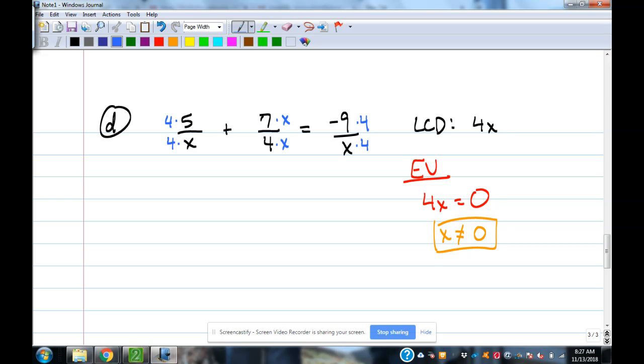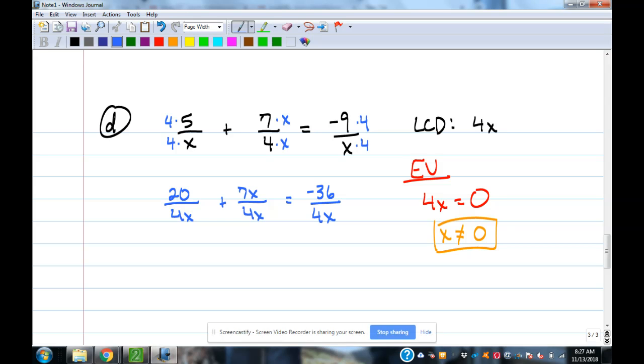Multiply that out. So we got 20 over 4x plus 7x over 4x equals negative 36 over 4x. So we've taken every fraction and got the common denominator on it. So that's your next step.